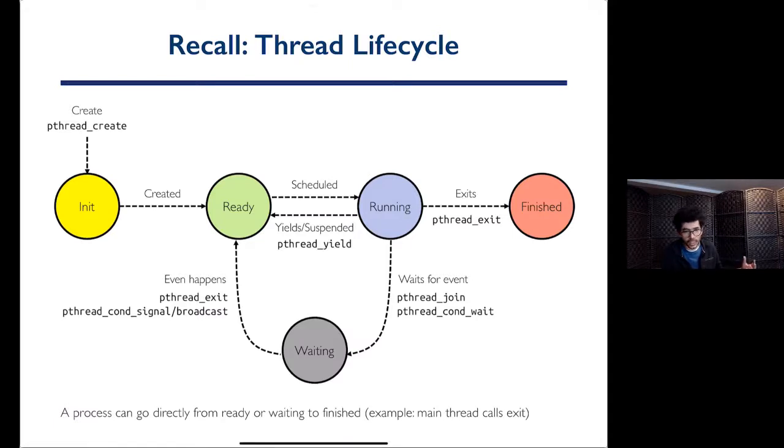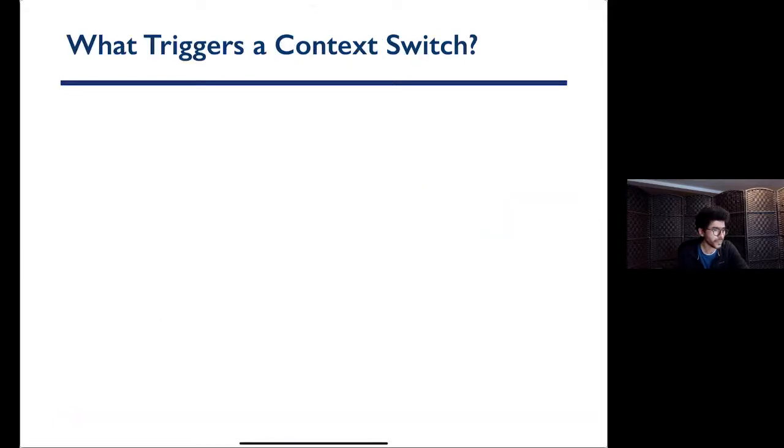Once it receives the signal, or once the threads that you're waiting for exit, your state changes back to ready. Eventually, you're going to run again, and at some point, you're going to terminate and finish. That's basically the life cycle of threads, and this is true for both kernel threads and user threads.